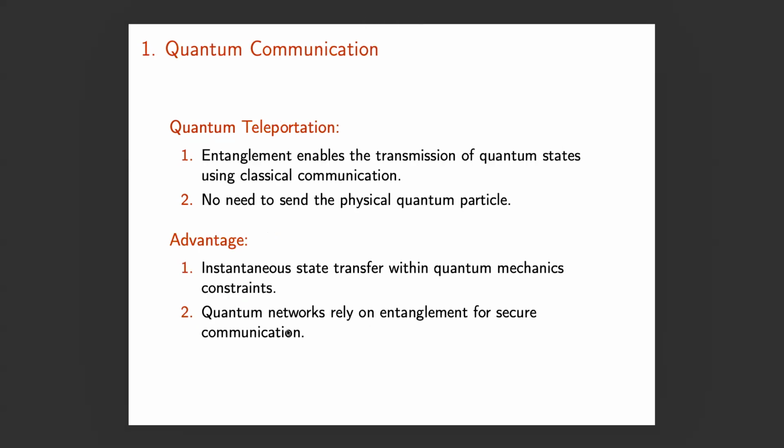And then there are some of the basic fields of application. We are not going to deal with quantum communication, like quantum teleportation, etc. I'm just listing that as one of the big areas. When we talk about quantum technologies, we're thinking of quantum communication, quantum computing, and quantum metrology.